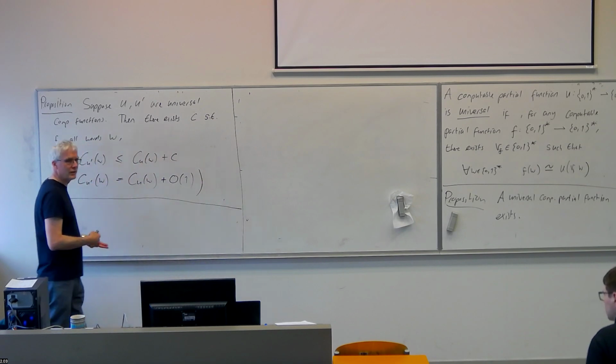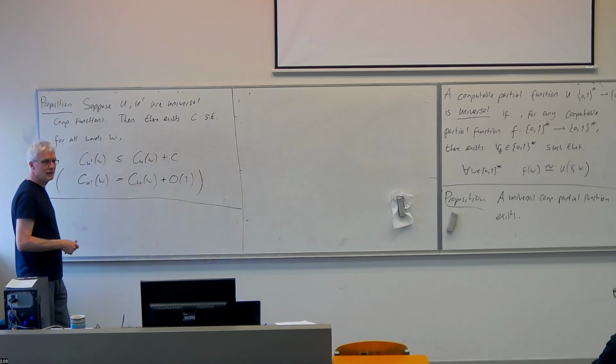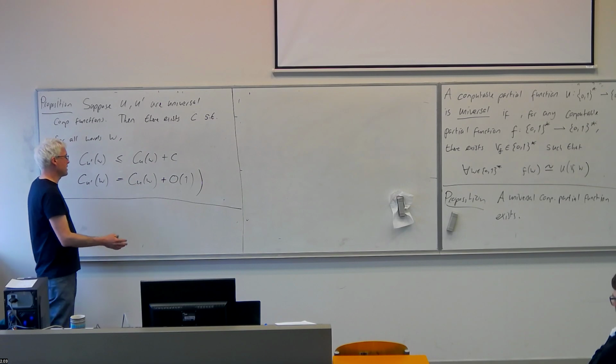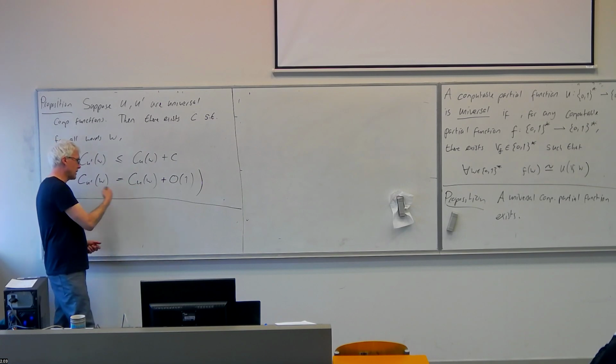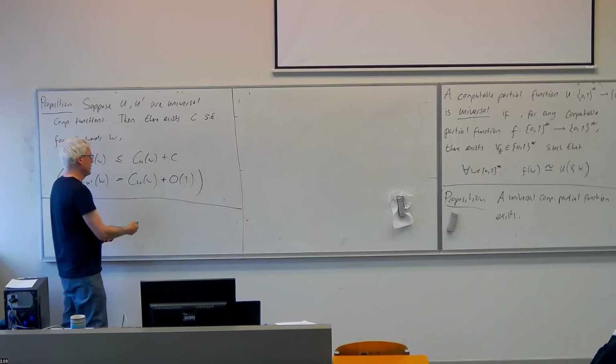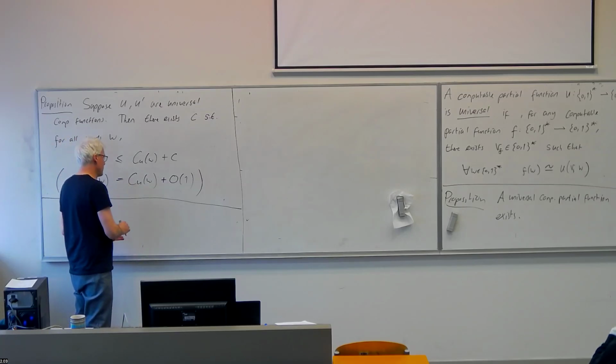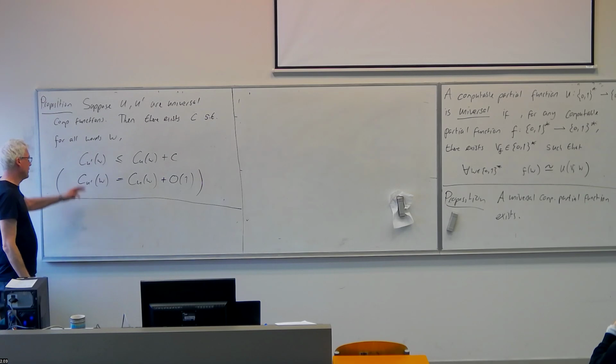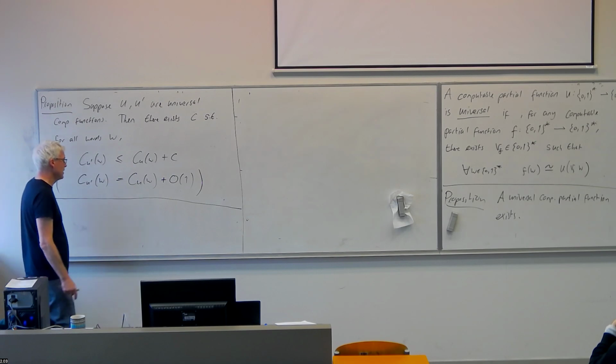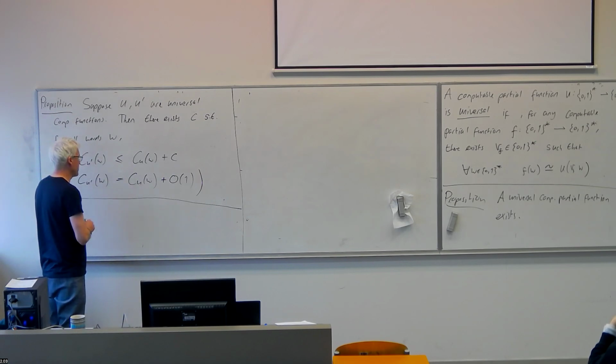It can differ wildly between them. But if we prove properties of complexity that hold for all words, then the choice of universal function is not important, because we only have this additive constant that differentiates between the two complexities.